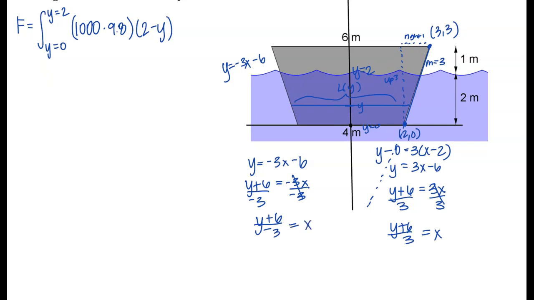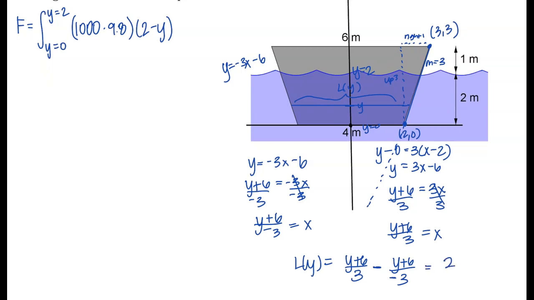So how do I find L of y? L of y, that distance, right, is the right function minus the left function. So the right function was y plus 6 over 3 minus the left function, y plus 6 over negative 3. Notice what happens. Minus minus right here is going to become a plus.